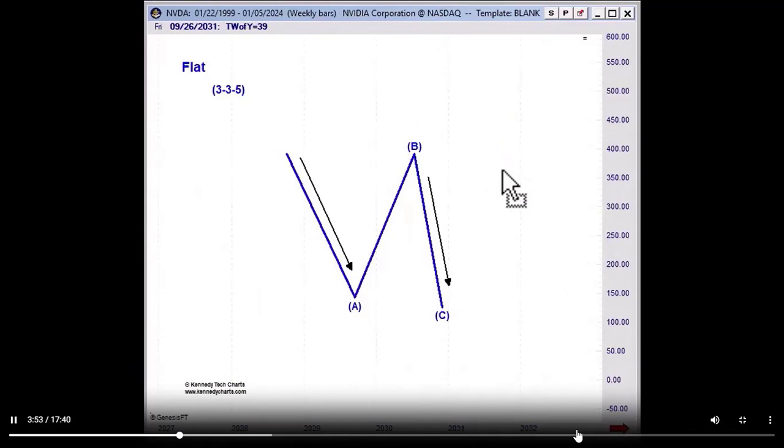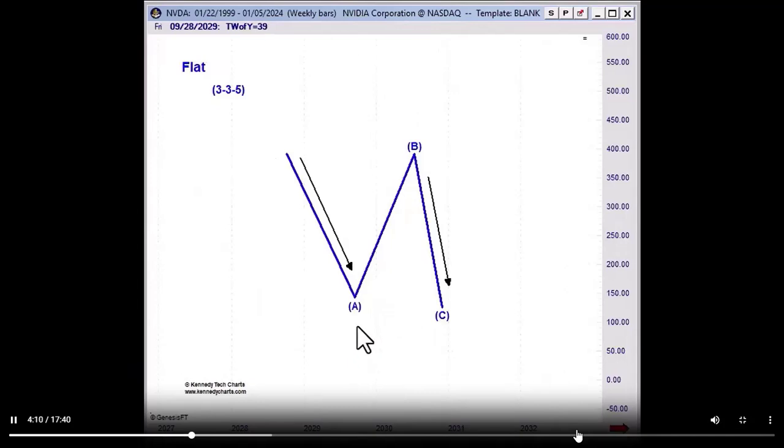What you're going to see is that wave C is going to be more aggressive than what actually occurred in wave A. So you can see where the sell-off from the extreme of wave B to the end of wave C is a little bit more aggressive than what we experienced in wave A.